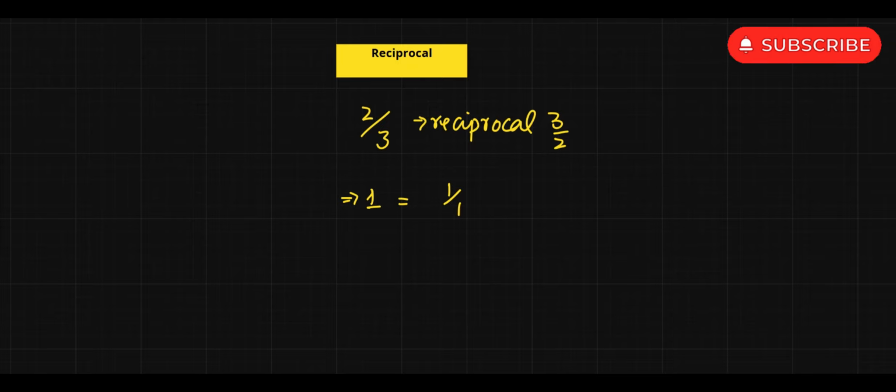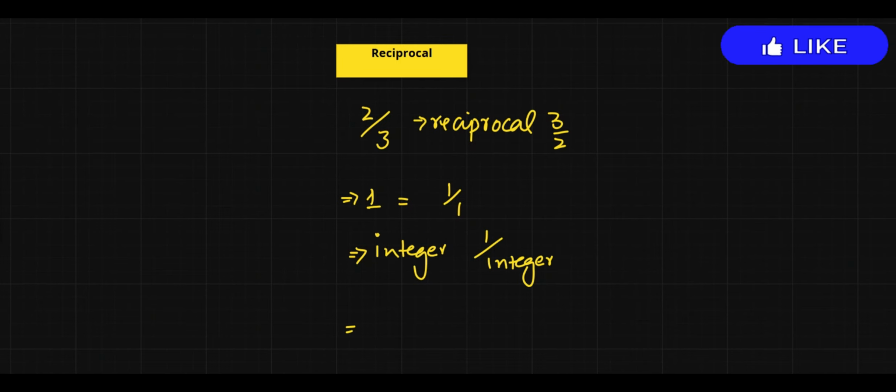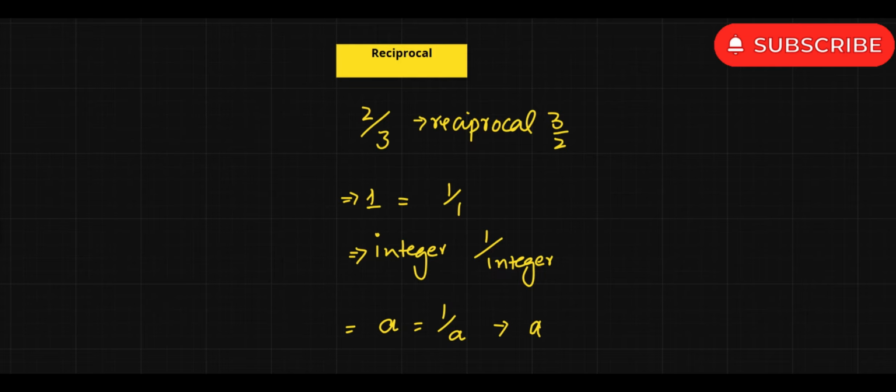And for an integer, the reciprocal is 1 divided by that integer. In algebra, the reciprocal of a is 1 over a. And this 1 over a can also be written as a to the power negative 1.